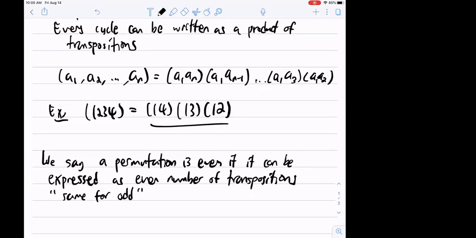Now, there's a well-definedness we need to check: can I express this thing as both even and odd?